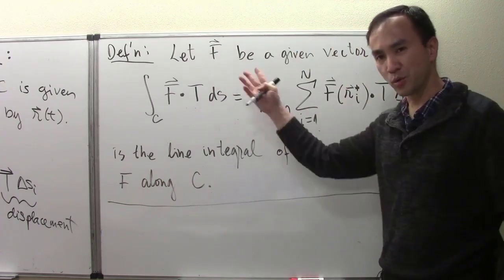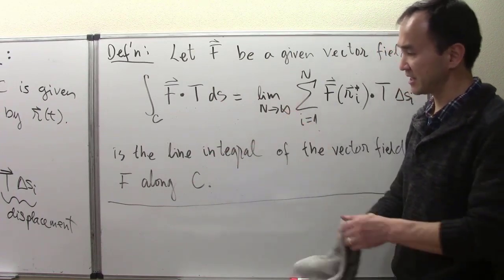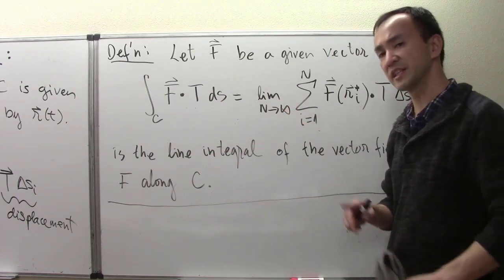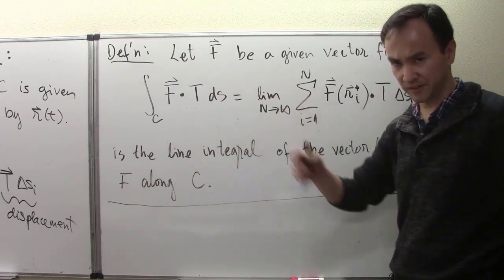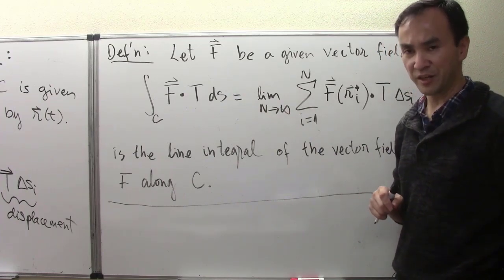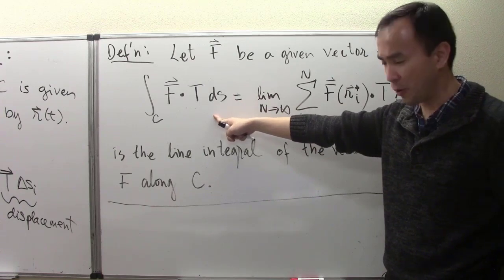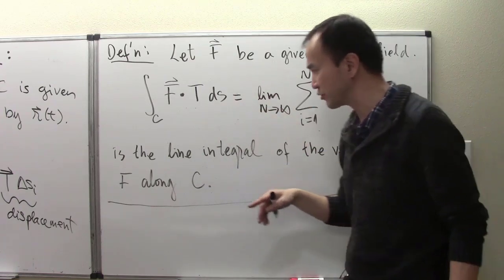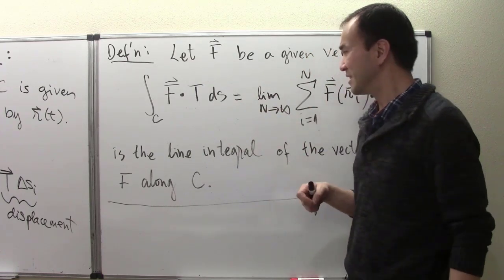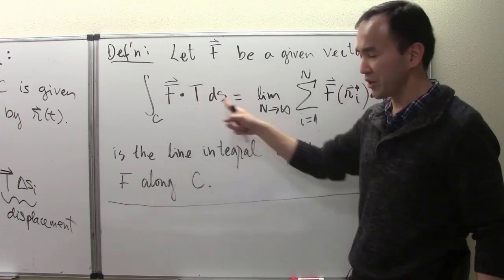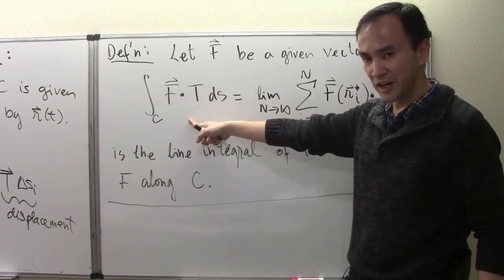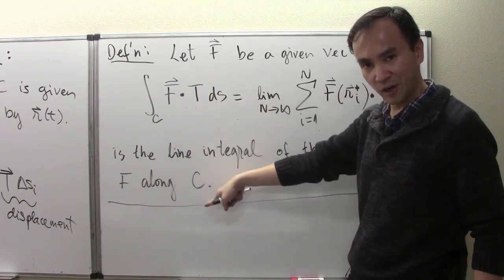A better worded version of this definition is given in any of the standard calculus textbooks you can find out there. Allow me to hit the main core point, and I'm using a minimized version of the worded version. But that's how we understand what a line integral of a vector field along a curve is.